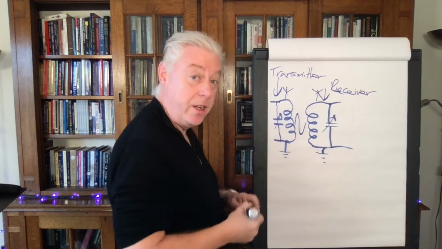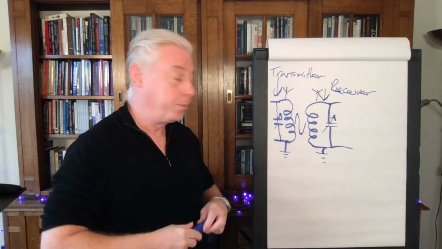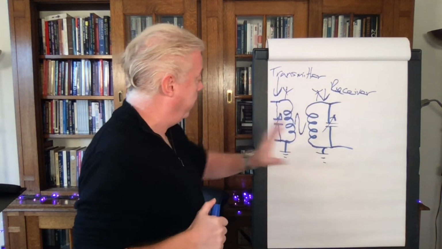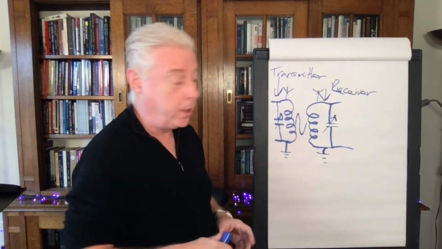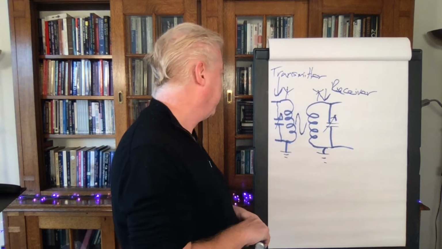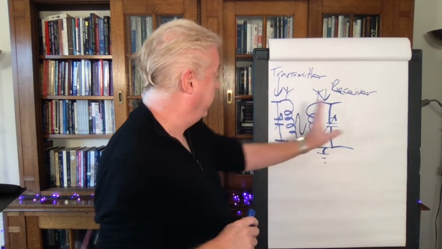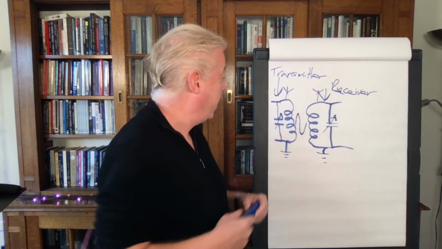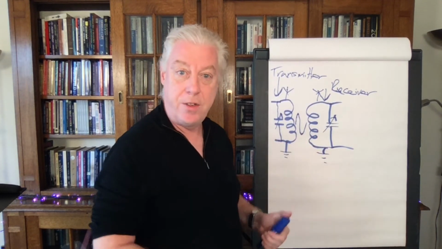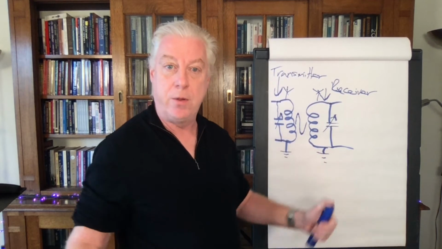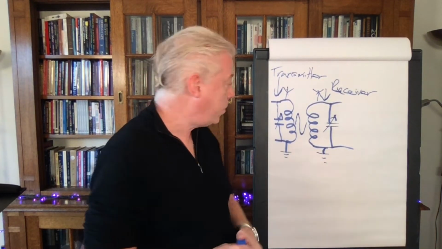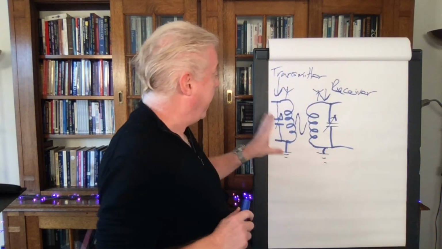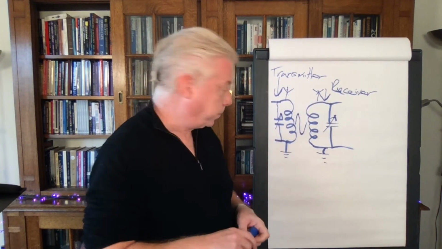And that's what created the early radio. And depending upon the power that you put in, which we talked about yesterday, and the distance between the two and the effectiveness of the antenna, literally these two tuned circuits could be thousands of miles away from each other. And that's how radio works.